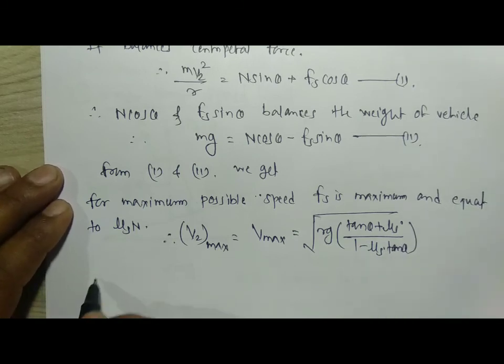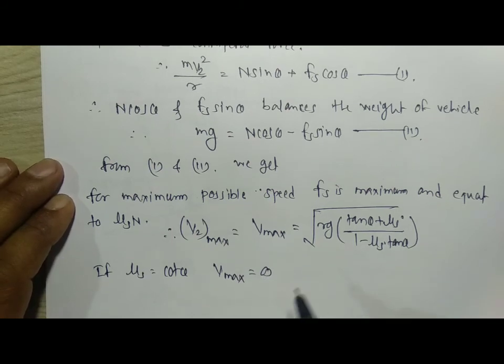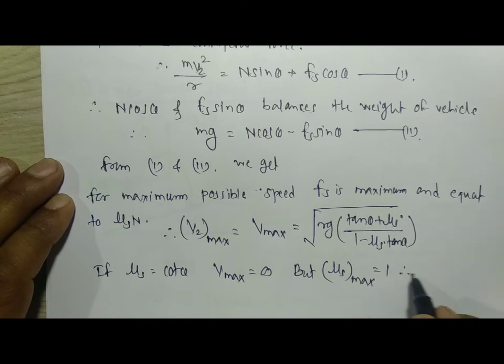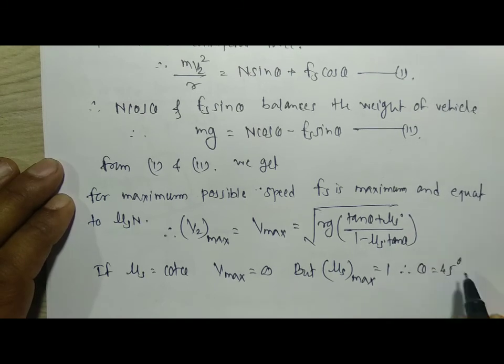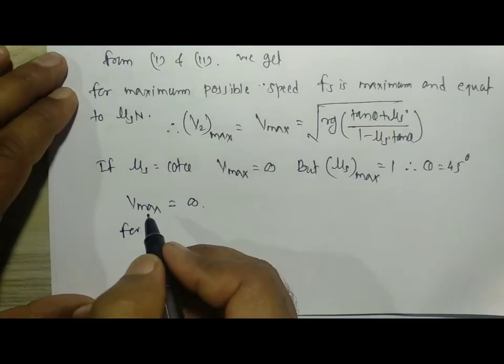If mu s is equal to cot theta, at that time the maximum velocity becomes infinity, but mu s max is equal to 1, therefore theta is equal to 45 degrees, and the Vmax becomes equal to infinity.